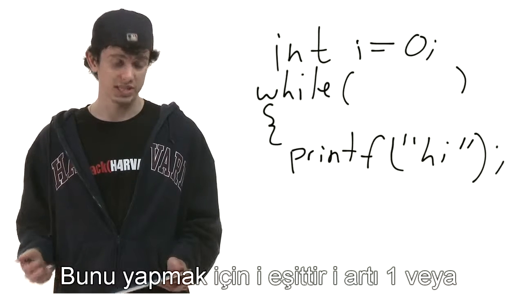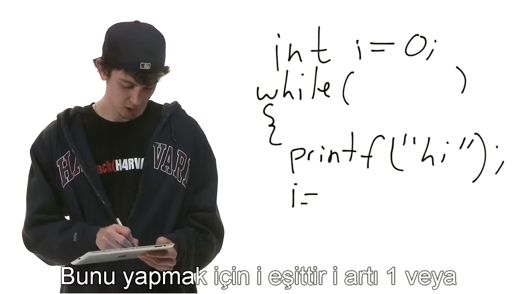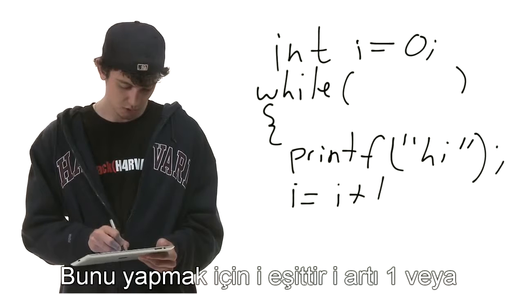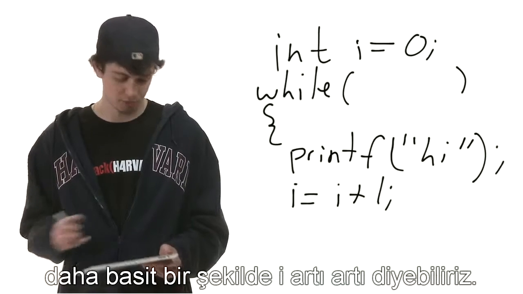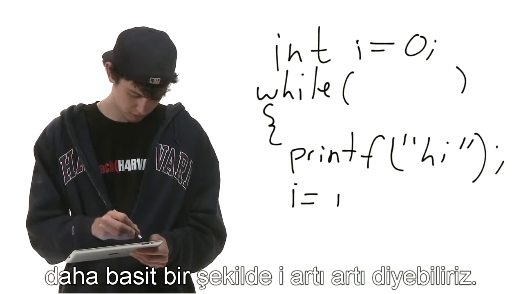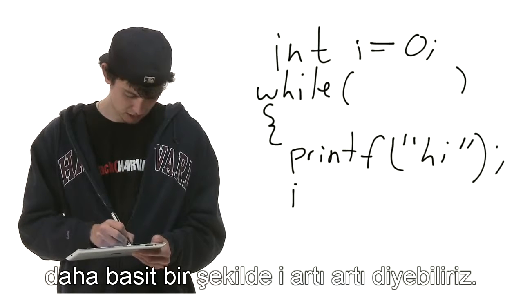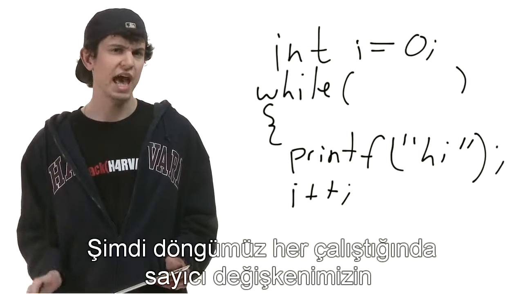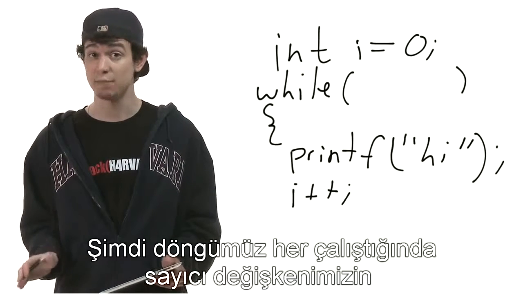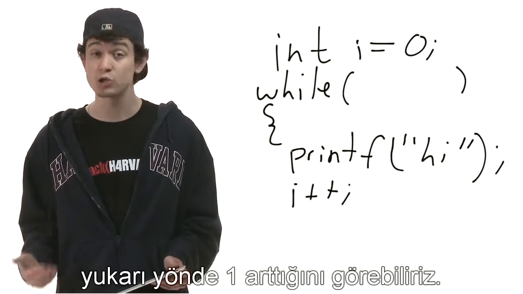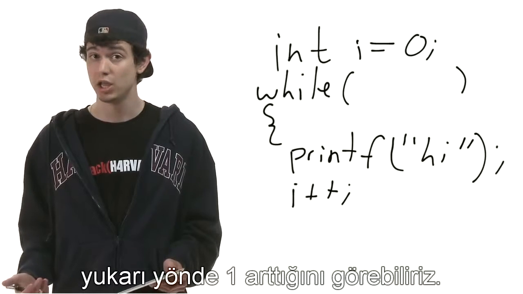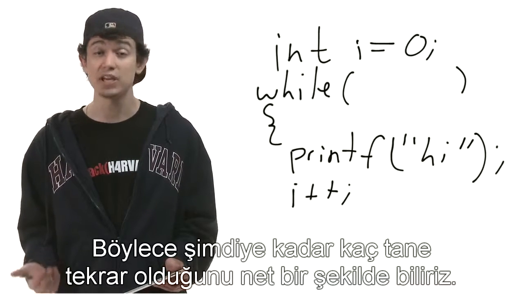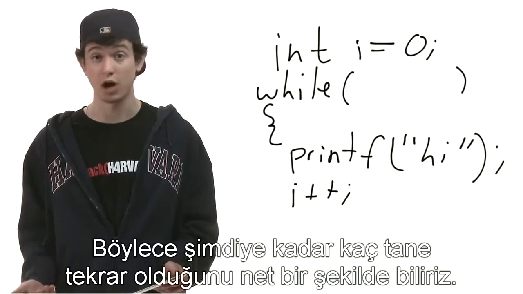To do that, we can say i is equal to i plus 1. Or, more simply, i++. Great. So now we can see that each time our loop is run, our counter variable goes up by 1. So we know exactly how many iterations we've run so far.